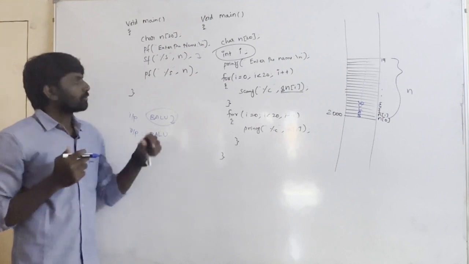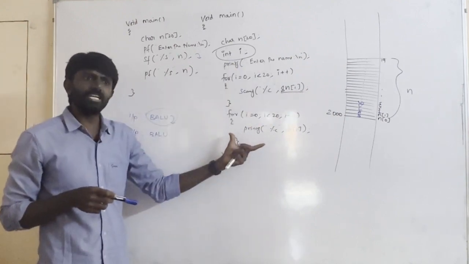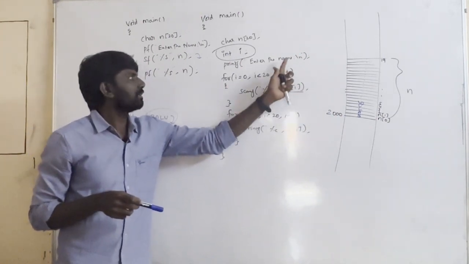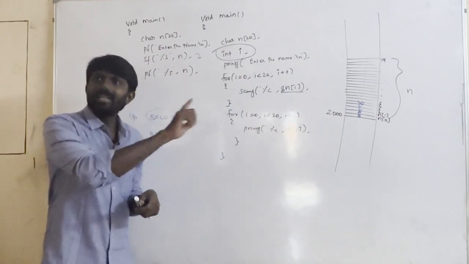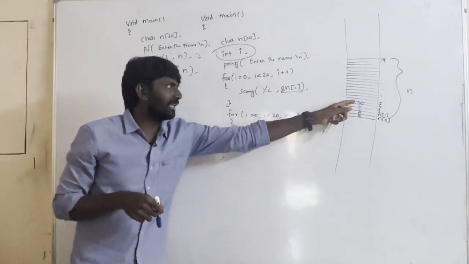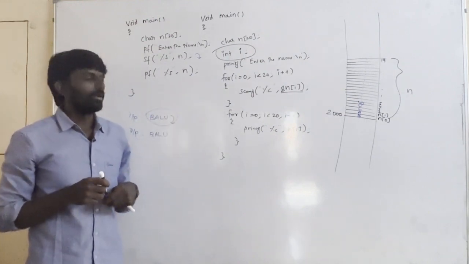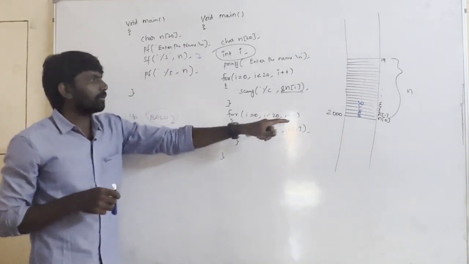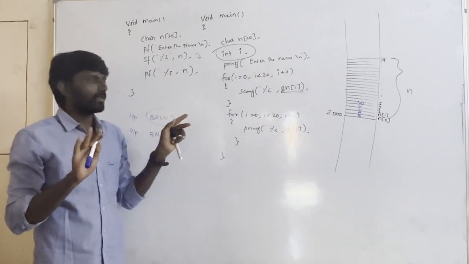Got it, right? Just like your semicolon, as we already discussed, the C statement will end with a semicolon. What does the semicolon indicate? The line is ending there. Similarly, the compiler adds one \0 to show the string is ending here. When you are printing with printf %s, you are giving the base address, so it will print up to U. When \0 is identified, it will stop and come out.